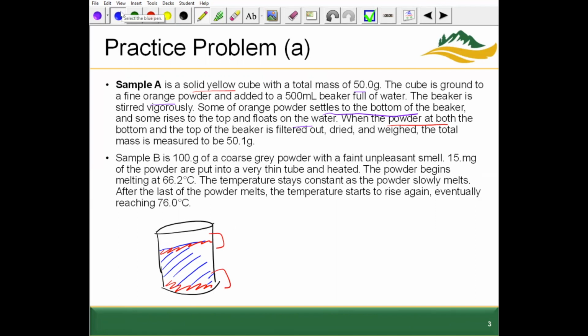So right now, for sample A, what you should start to think about as far as physical properties is the property of density. You'll see density represented like rho, like this. This is the symbol rho. You'll also see it as a lowercase d. So what we can tell right now is water has a certain density of 1 gram per milliliter.